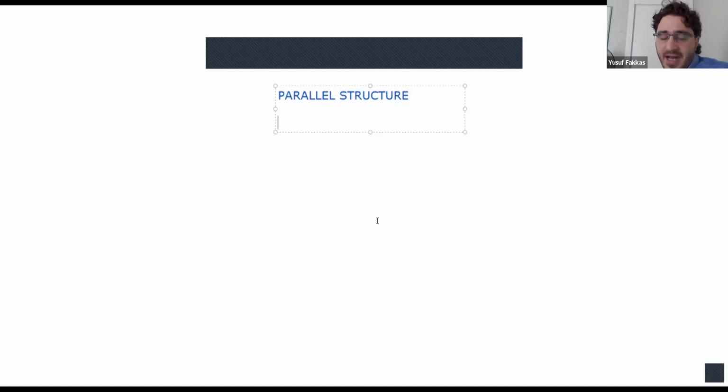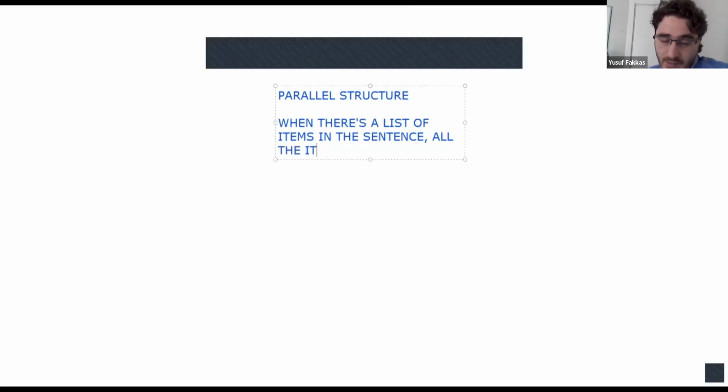Simply, parallel structure happens if the sentence has a list, okay? A list of anything, a list of nouns, a list of verbs, a list of adjectives. So the keyword here is a list, okay? So when there is a list of items in the sentence, all the items, again, it doesn't matter, it can be a group of verbs, a group of nouns, a group of adjectives, whatever.